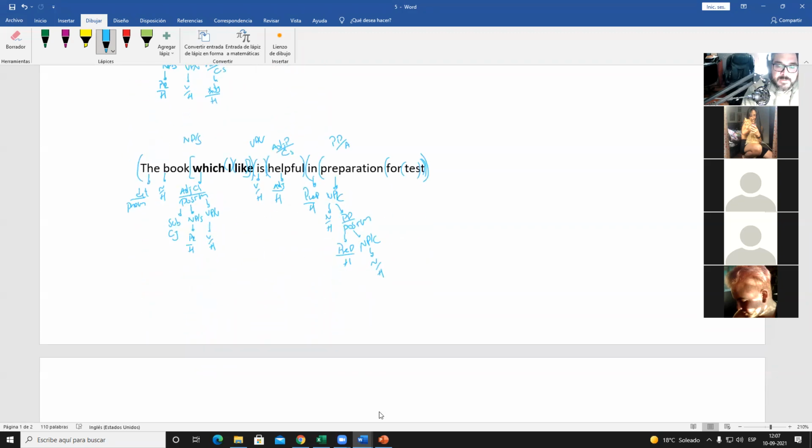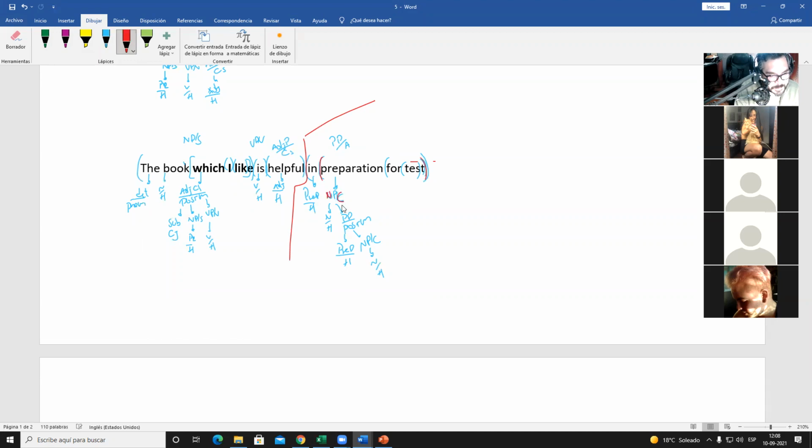Ya, ¿cómo se analiza una prepositional phrase? Solo pesca esta parte de aquí. Solo esa parte. In preparation for test. In es una preposition head y al lado tiene the preparation for the test. Esa es una noun phrase complement.